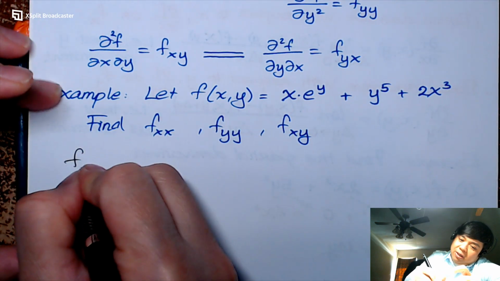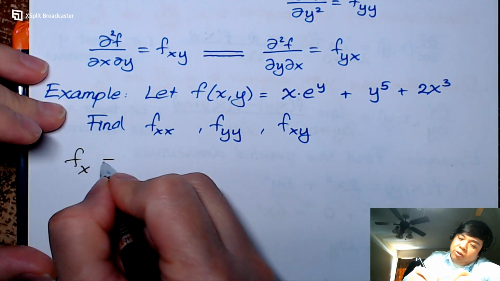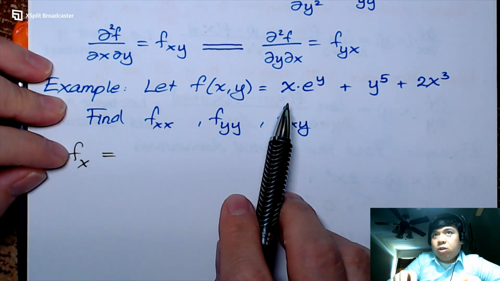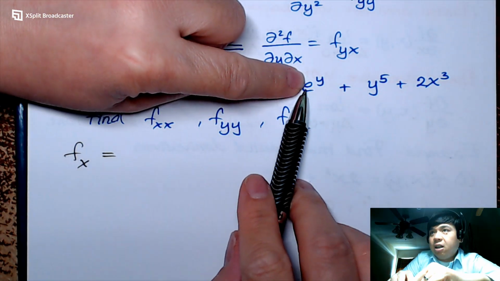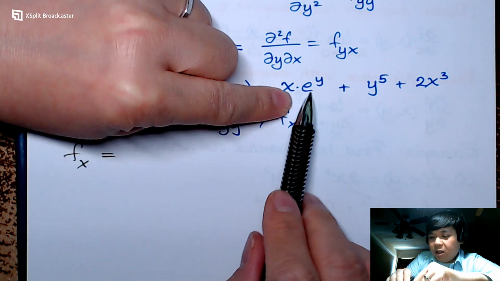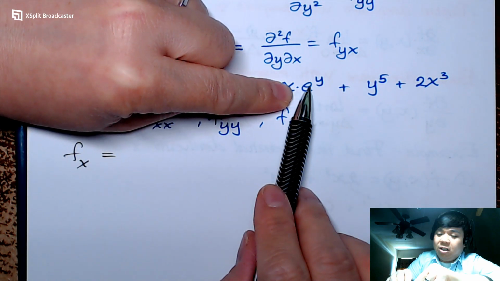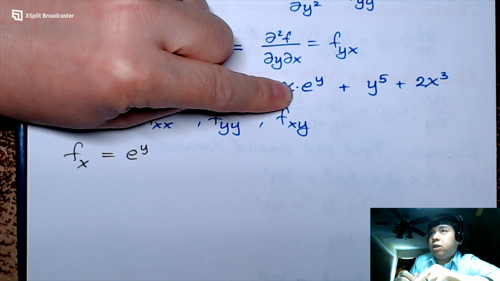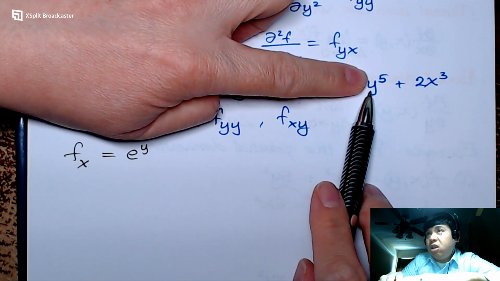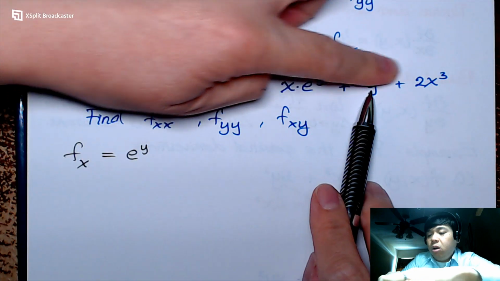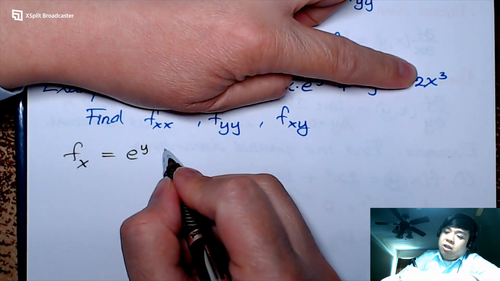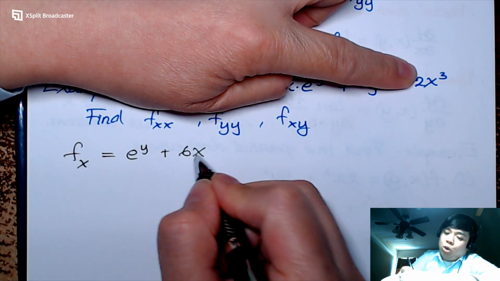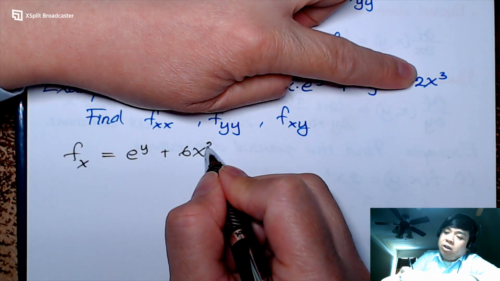So f_x, the first derivative with respect to x: the derivative of x with respect to x is 1 times the constant, so this is just e to the y. With respect to x, this y to the fifth is constant, so that's 0. With respect to x, that is 6x cubed, 6x squared, sorry.